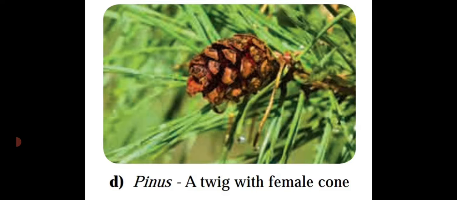This megasporangium afterwards produces the megaspores. It produces four megaspores, but three of them disintegrate. Only one is functional and produces the egg or ovum. This egg only fuses with the pollen grain that reaches the archegonial region of the female cone of the pinus, and they fuse together to form a diploid zygote.